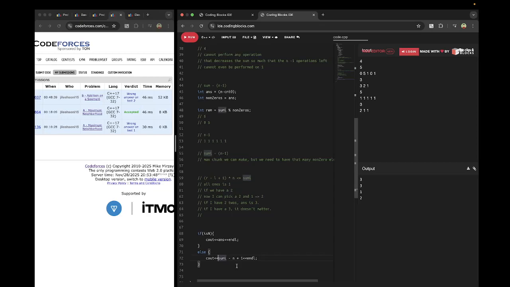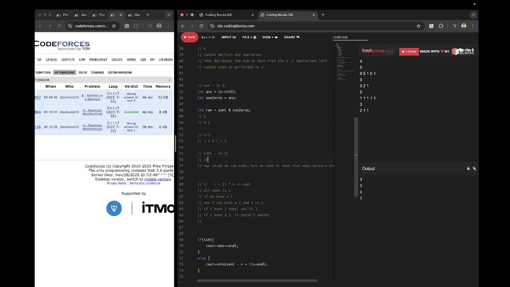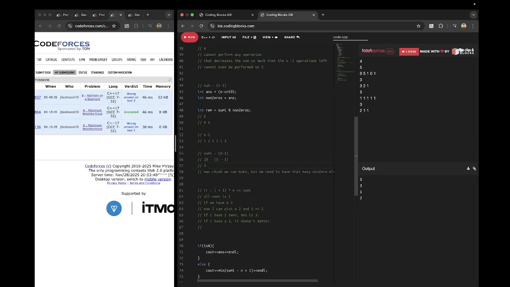So the answer is the max of, or the min of, because if there are not that many non-zero elements, let me give you a case where let's say sum is 10 and n is 5. 5 minus 1 is 4, so we can take a max of 4 away from it and still be left with a few 1 1 1 1s to remove, and then since we have this 4 number, we should have at least these many non-zero elements.